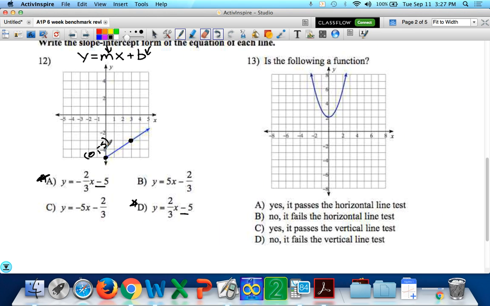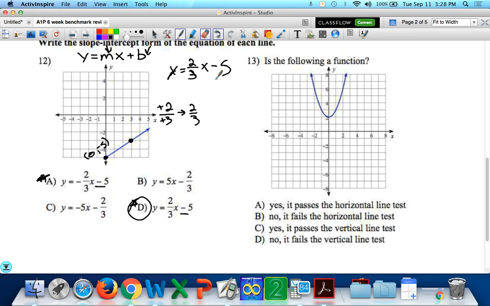Well, if I rise positive 2, and I run 1, 2, 3, positive 3, that means my slope is simply a positive 2/3, meaning my answer has to be D, because this would be y equals 2/3 x, because that's my slope, minus 5, because I had a 0, negative 5 y-intercept, okay?